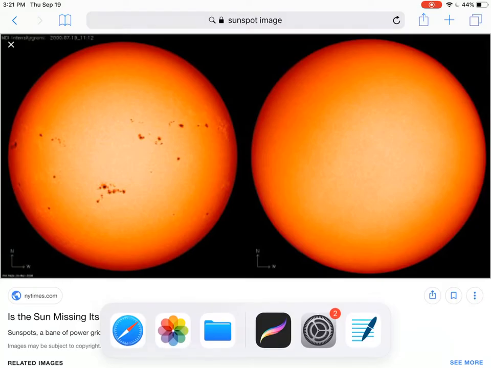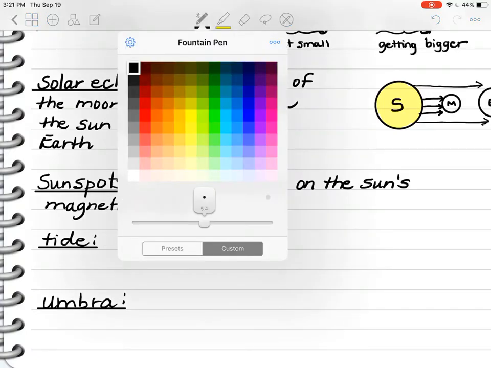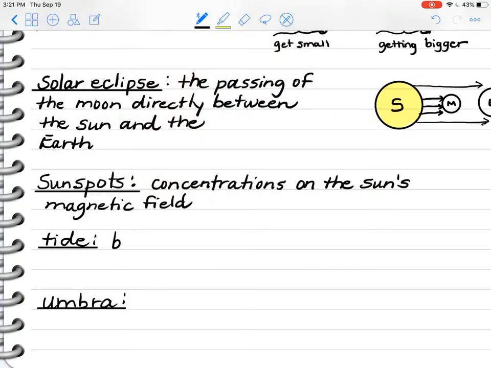Okay, moving on here. The next one is tide, which you've probably heard of if you've been to the ocean. A tide is a bulge or swelling in oceans caused by the moon's gravity.